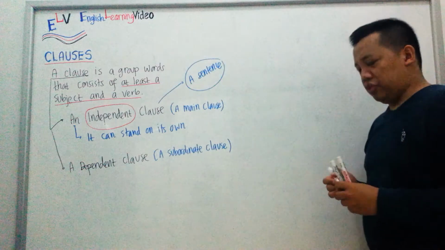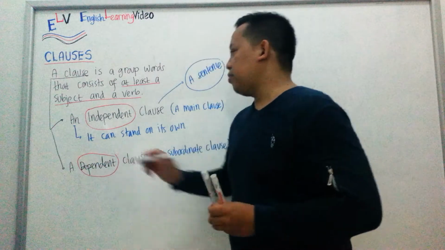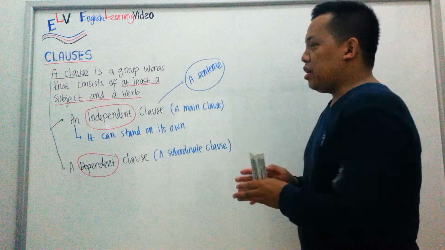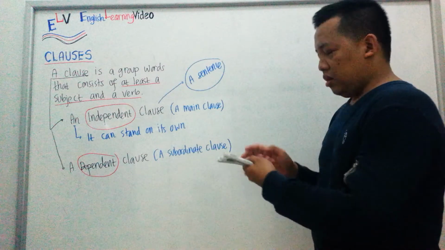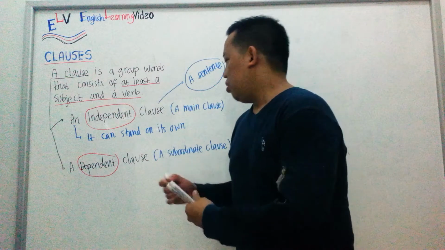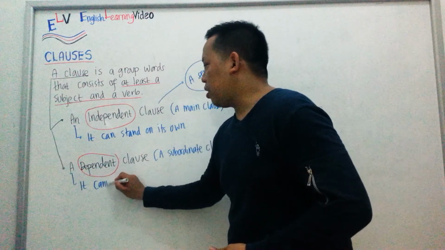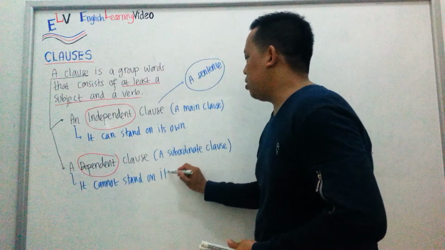What about the dependent clause? A dependent clause is the opposite. Dependent means somebody or something is not free. So a dependent clause is a clause that cannot stand alone. So it cannot stand on its own.